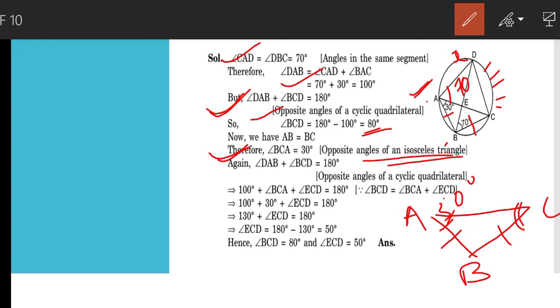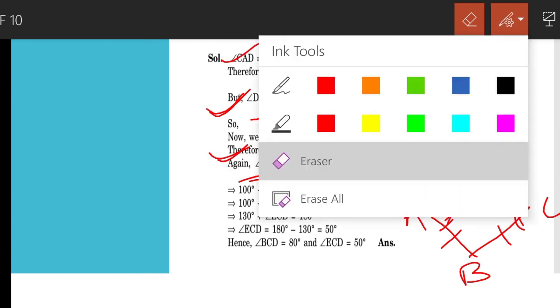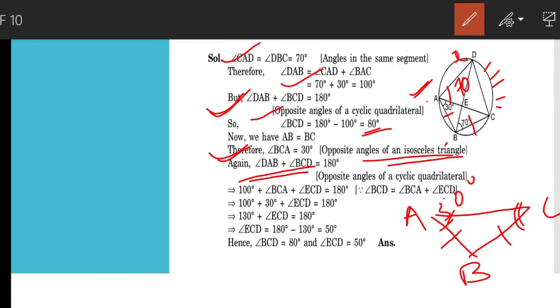Now angle DAB plus angle BCD, we have already got 180 degrees previously. From here we can say that the sum of opposite angles of a cyclic quadrilateral is 180 degrees. Now we are substituting the values and splitting BCD.